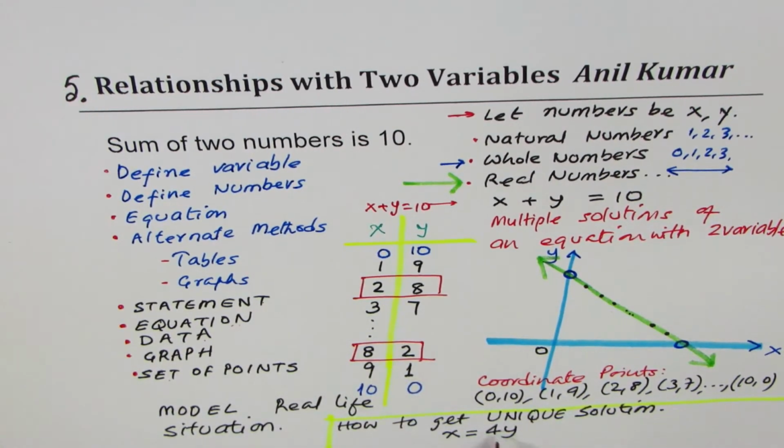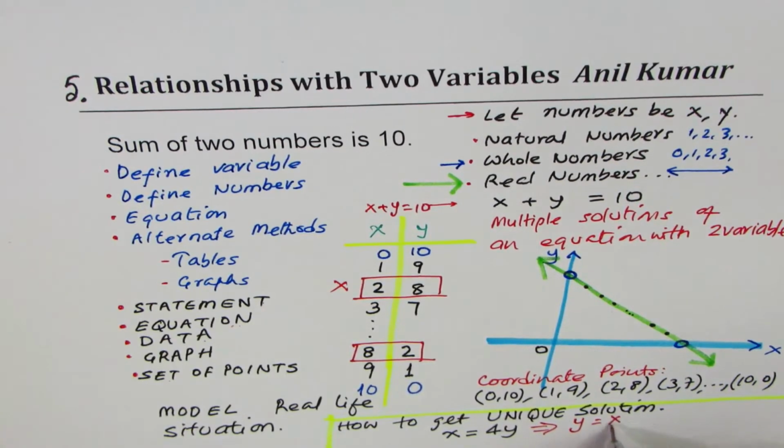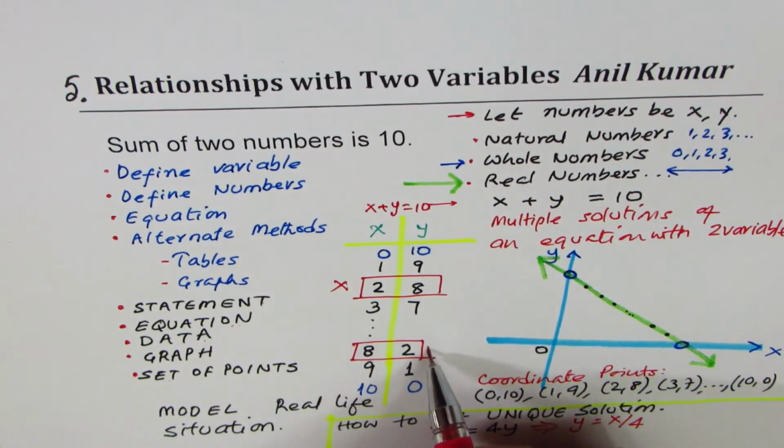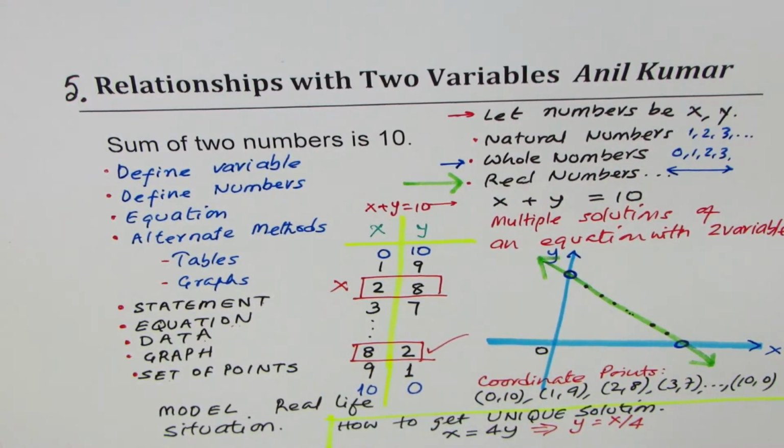When I write x equals 4y, then not this. Actually, I've changed it because if I write x equals 4y, now x becomes dependent, right? So let me rewrite this as y equals 1/4 of x. Is that okay? Y is 1/4 of x, so that becomes the right solution. Does that make sense to you?